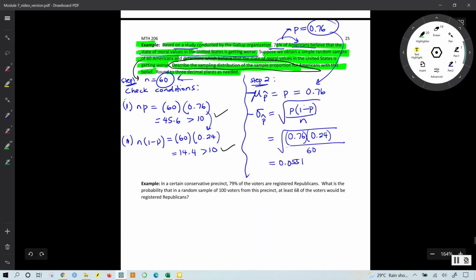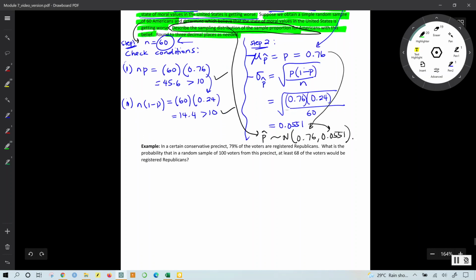Thus, we're ready to conclude that the sampling distribution of the sample proportion, p hat, follows the normal distribution with a mean of 0.76 and a standard error of 0.0551. Done.